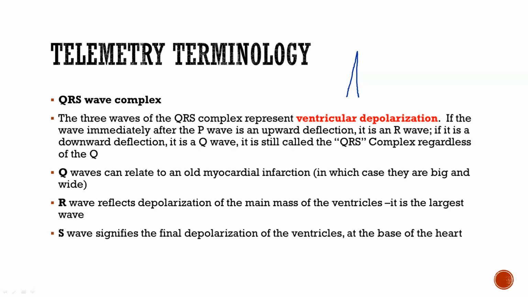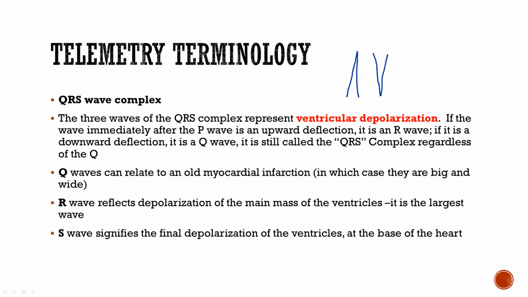We don't care which direction these go. When we're looking at a strip, you have to get used to only looking left to right. Up and down does not matter. The size of that QRS does not matter. We just have to have one because that means our ventricles are contracting.